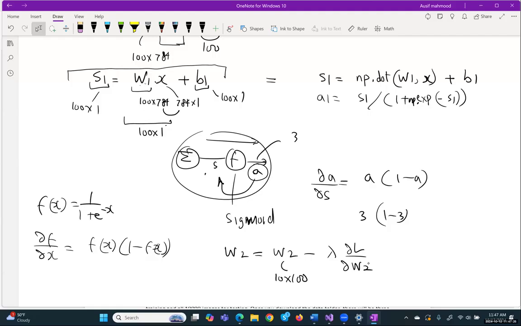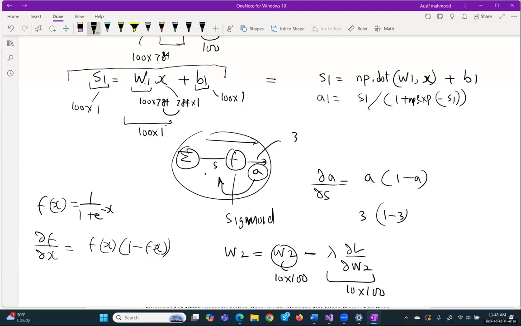10 by 100, okay? So what I'm trying to say is we cannot subtract the matrices. What should this come out to? It has to come out to 10 by 100. If it's not, the math will not work. When we add or subtract matrices, both matrices should be exactly the same size. So we already know W2 is 10 by 100. So partial L over partial W2 has to be 10 by 100, right?